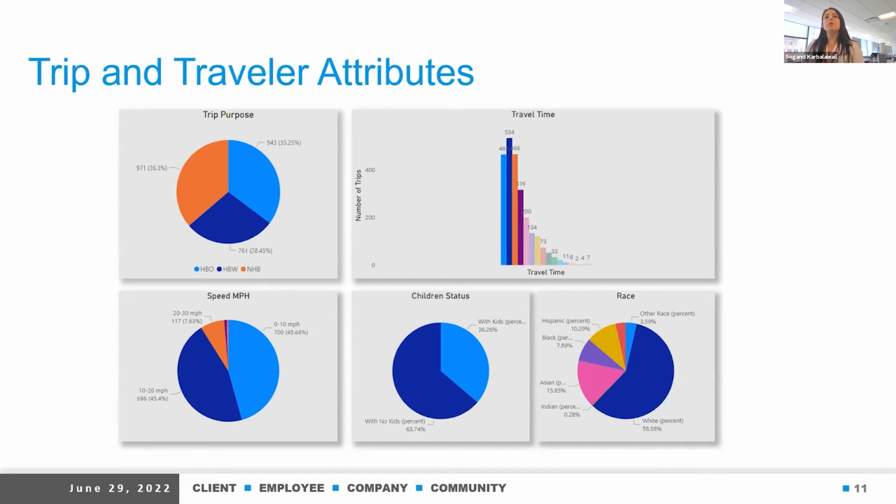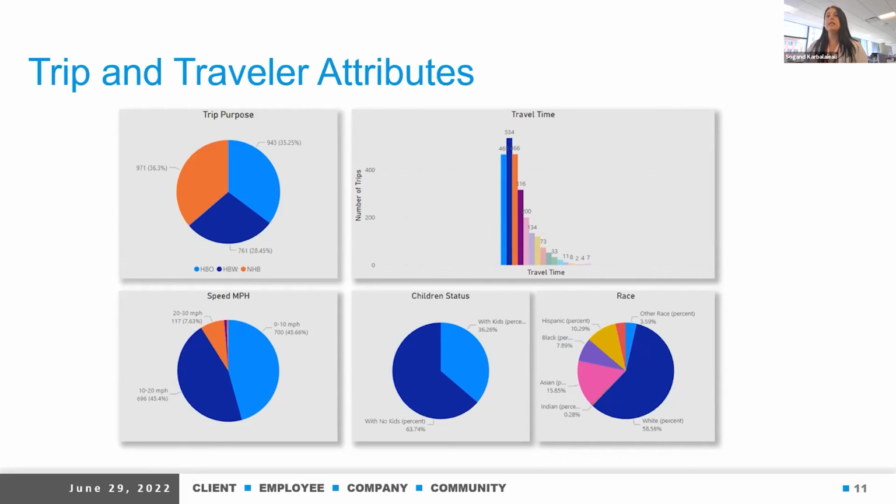And because we know that traveling as a family or individual can have an effect on deciding to make a trip, per se biking, we also look at how many trips are happening with parents with their kids or without kids. The other thing that often contributes to selecting a mode of transportation is race and gender.